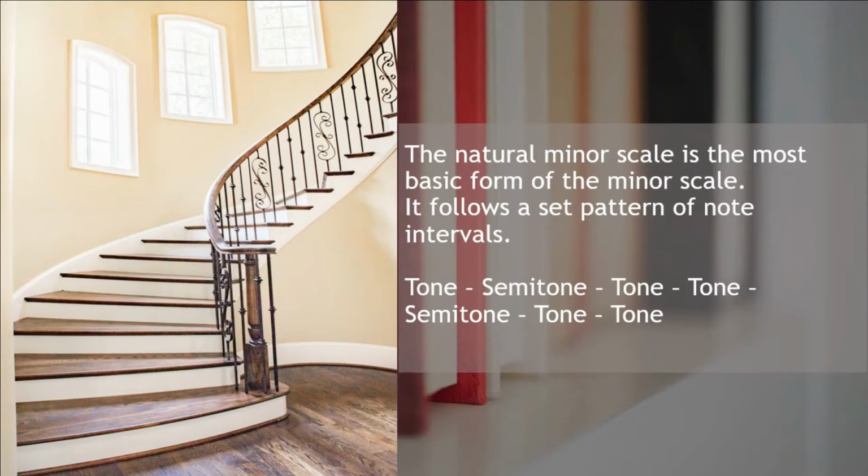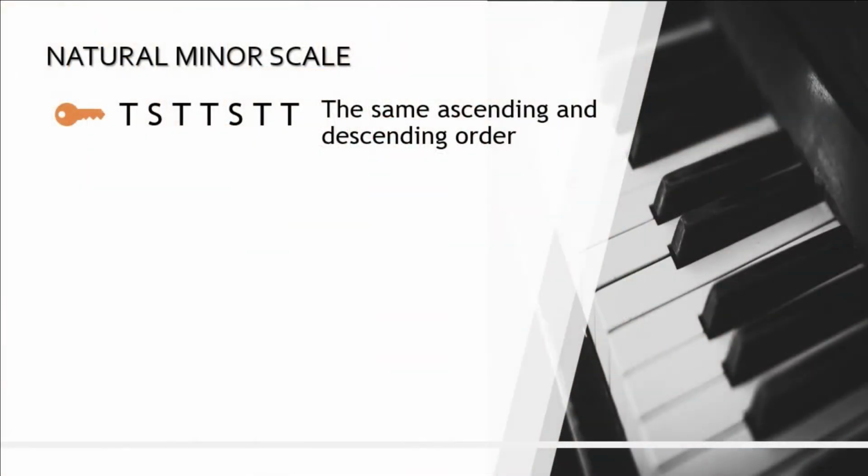The set pattern of intervals for the notes of the natural minor scale is tone, semitone, tone, tone, semitone, tone, tone. And this pattern is the same either in the ascending order going up the scale or in the descending order when we are going down the scale.